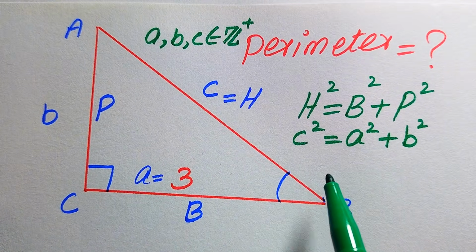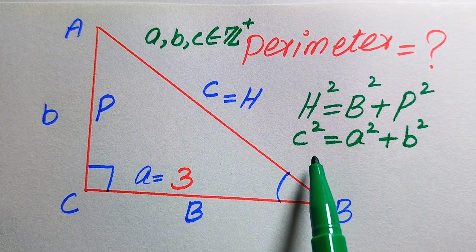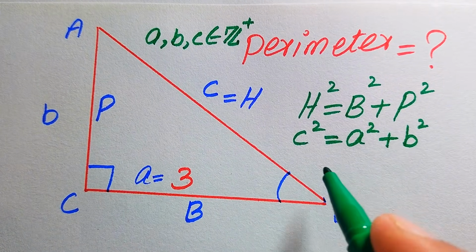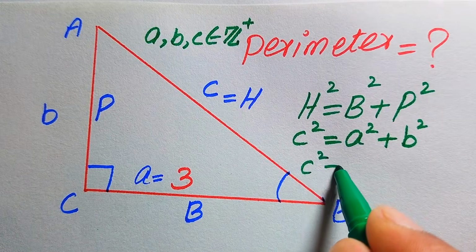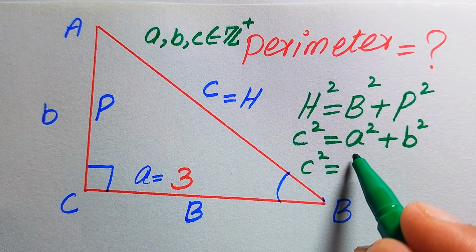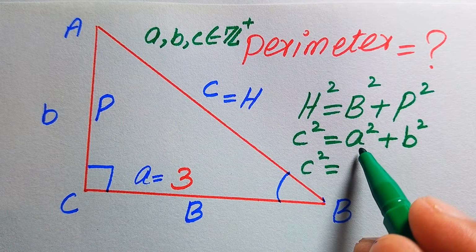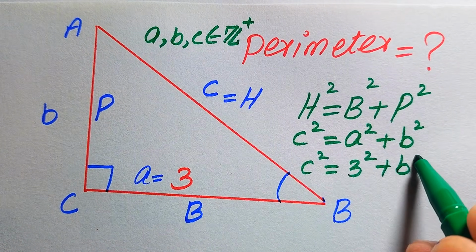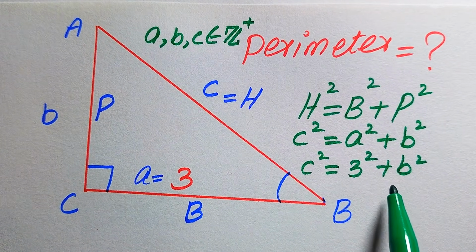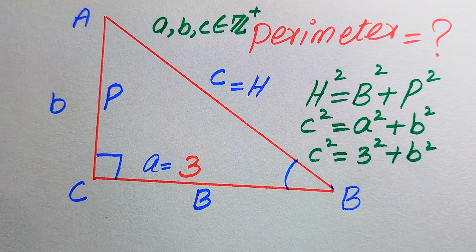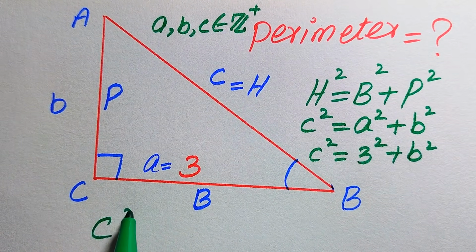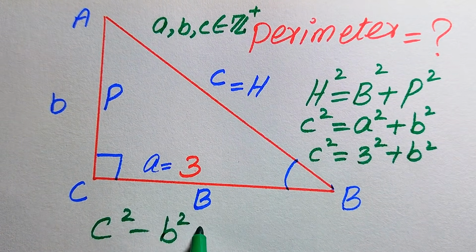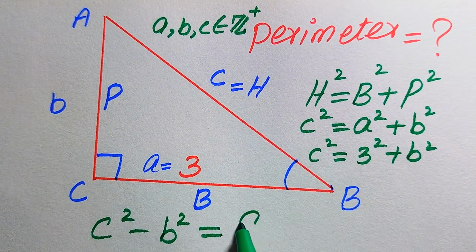Now we substitute the value of a here, and write c square equals a square plus b square, where a is 3, so 3 square plus b square. We move b square from the right hand side to the left hand side, and it is written as c square minus b square equals 3 square, which becomes 9.